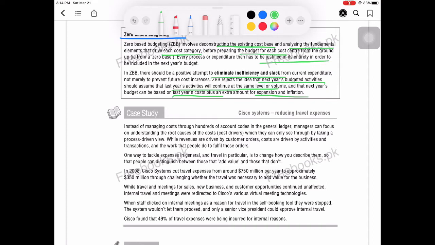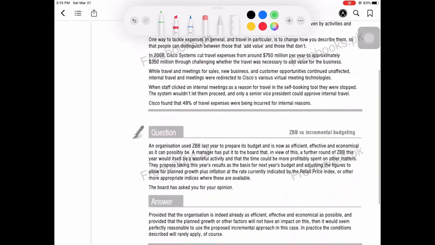So it is very challenging at each point of budgeting in ZBB, and therefore the slack remains very low, almost negligible, and the inefficiencies are definitely being reduced.